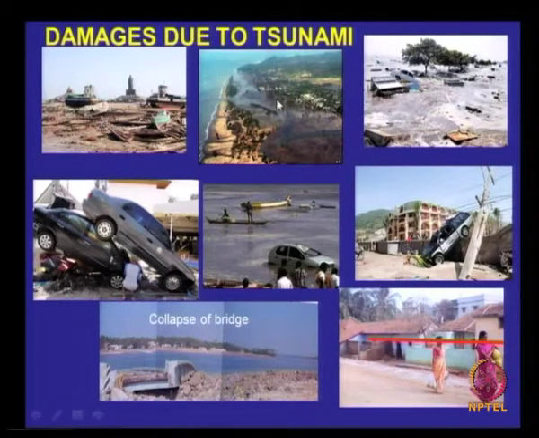This is the tip of the Indian Peninsula, where you see the boats hitting against each other and getting damaged. Here a nice bridge collapsed, and at certain locations the red mark shows the level, the height of inundation.